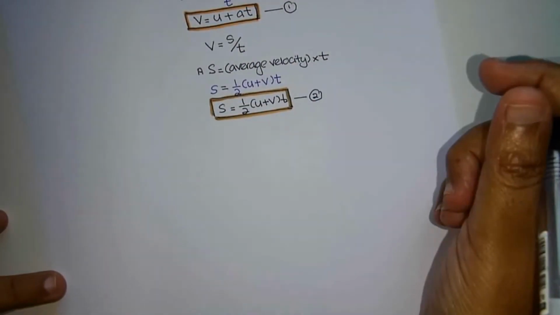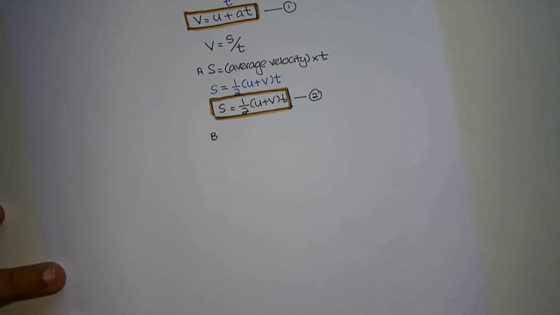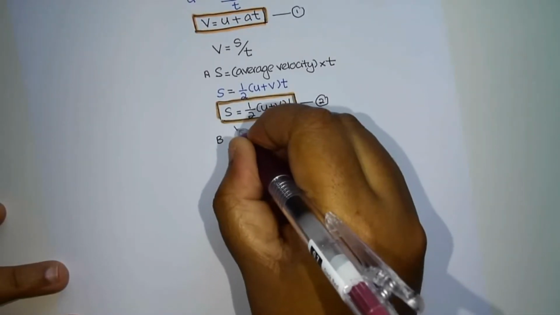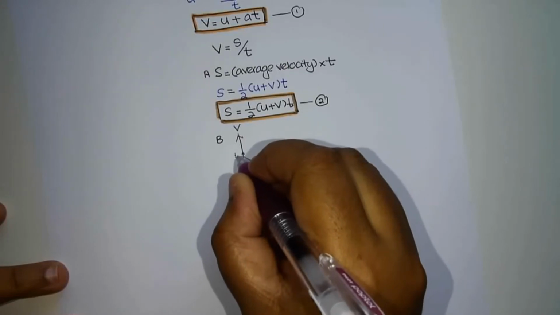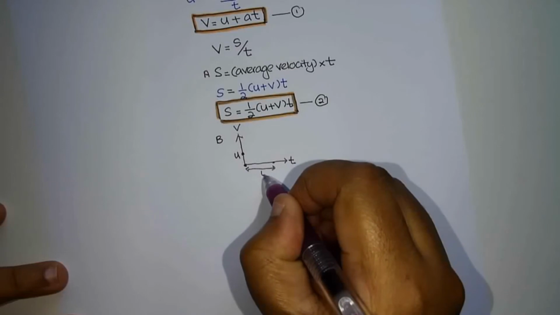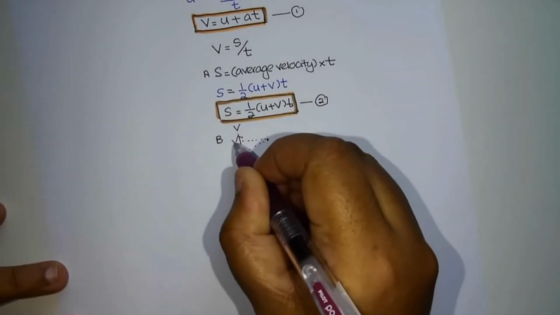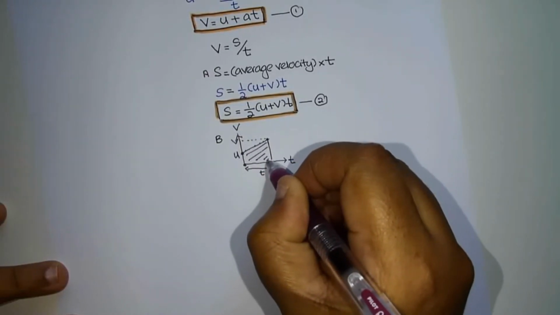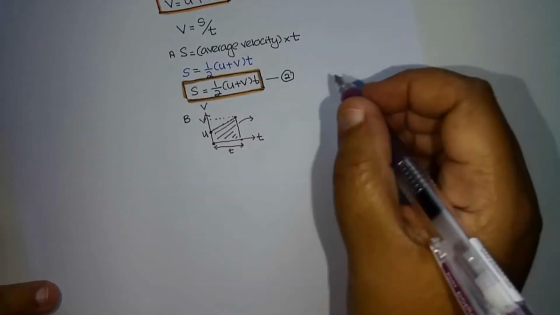Another way of getting this formula is by the graphical method. If I draw a graph of velocity versus time, at t equals 0 the initial velocity is u. After some time t, the final velocity is v. The area under the graph represents the distance traveled or the displacement.